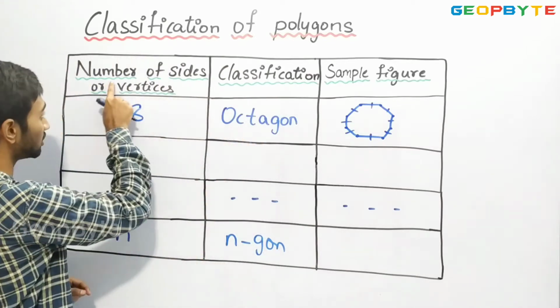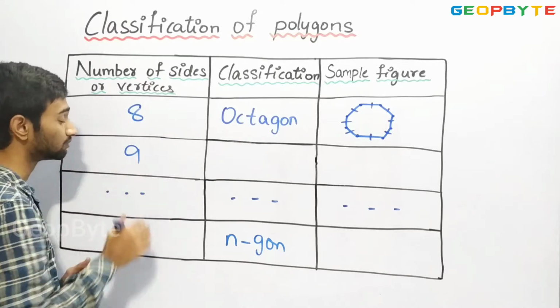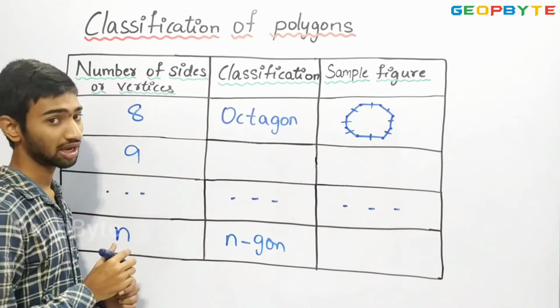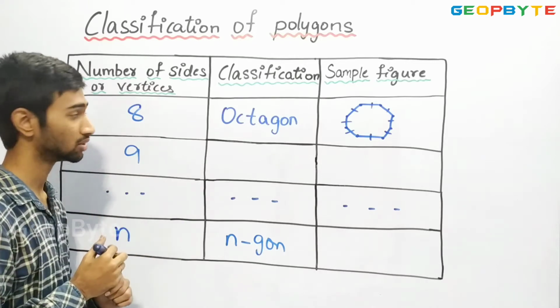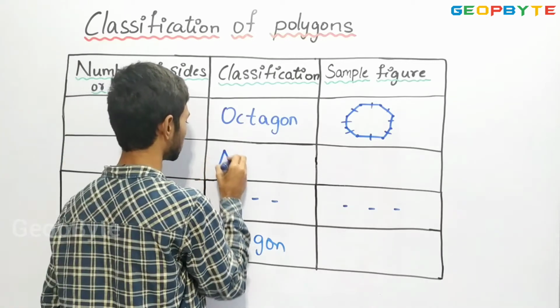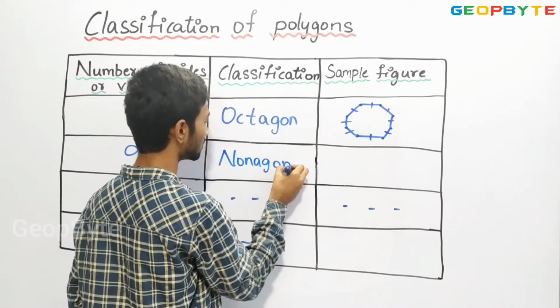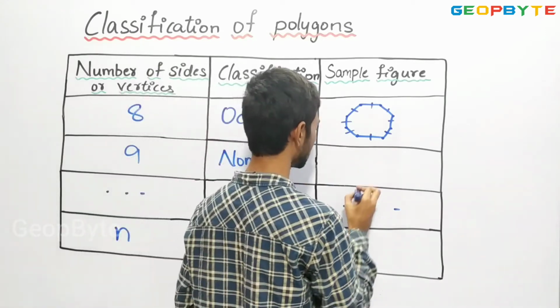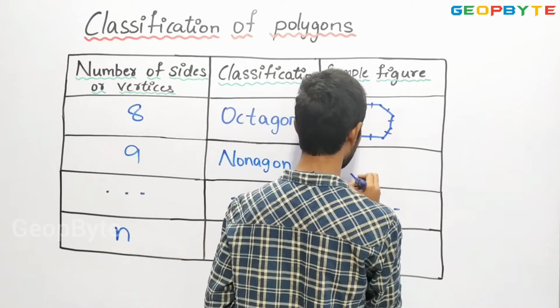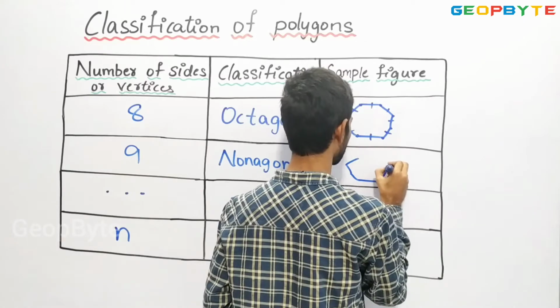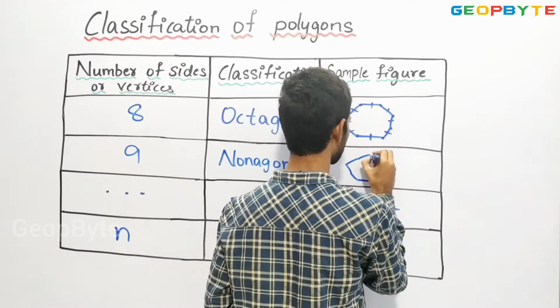Now, in the place of number of sides, we have 9. So, a polygon which is made up of 9 sides or 9 vertices is known as a nonagon. The sample figure can be seen here.